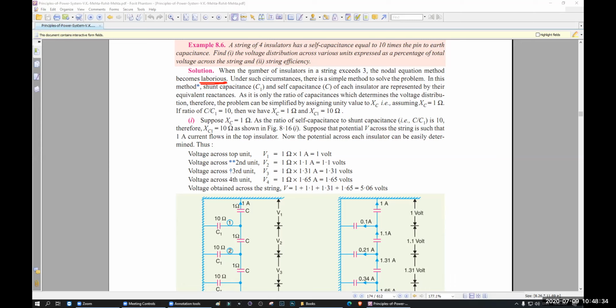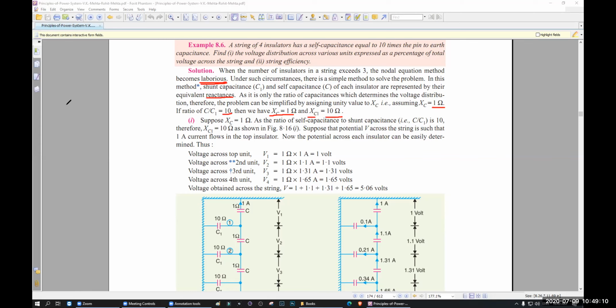In this method, the shunt capacitance C1 and the self capacitance C of each insulator are represented by their equivalent resistances or reactances, as it is only the ratio of capacitances which determines the voltage distribution. Therefore, the problem can be simplified by assigning a unity value, that means XC is equal to 1 ohm, and the ratio of C by C1 is equal to 10.